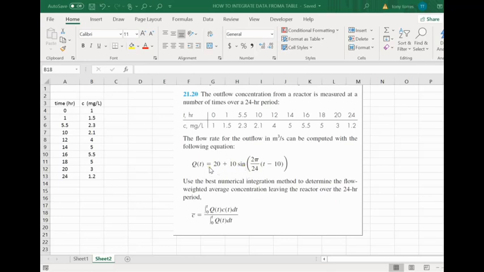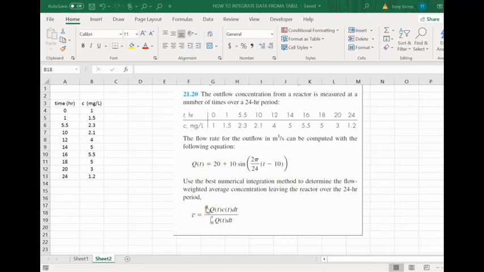So the question here is to get the average concentration leaving this reactor. All right. And the average concentration, as shown here, is provided by the integral of a new function, sort of like the flow multiplied by concentration, and then divided by the average flow.